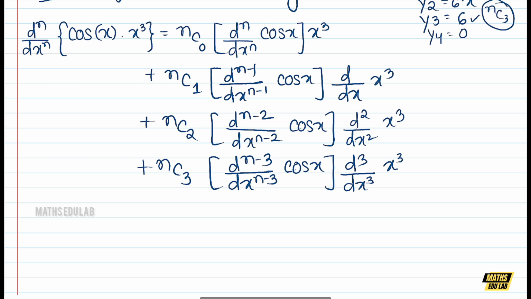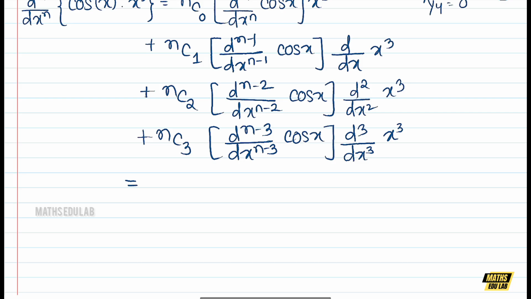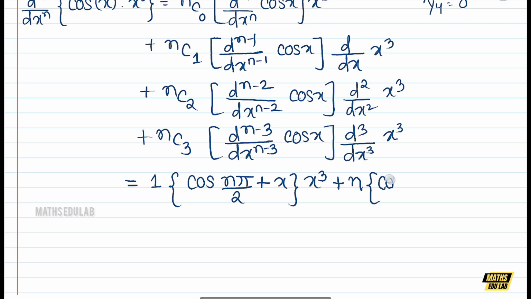Now we will substitute the values. nC0 is 1, and the nth order derivative of cos x is cos of n pi by 2 plus x, times x cube, plus nC1, which is n, times cos of (n minus 1) pi by 2 plus x, times the derivative of x cube, 3x square.